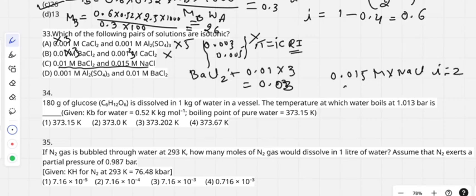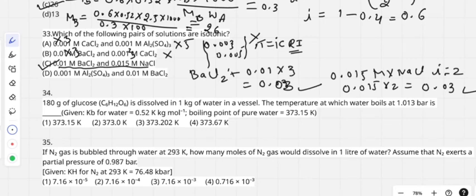Multiply this by 2. 0.015 multiplied by 2 is 0.03. So both have the same osmotic pressure. So option C is correct. So in this situation, first you have to calculate i, then i is multiplied by concentration C. If you get the value of pi, and pi is the same, then they are isotonic. Option C is correct.